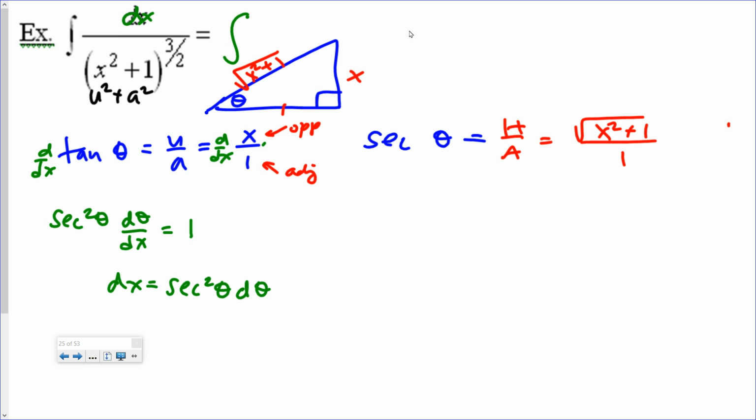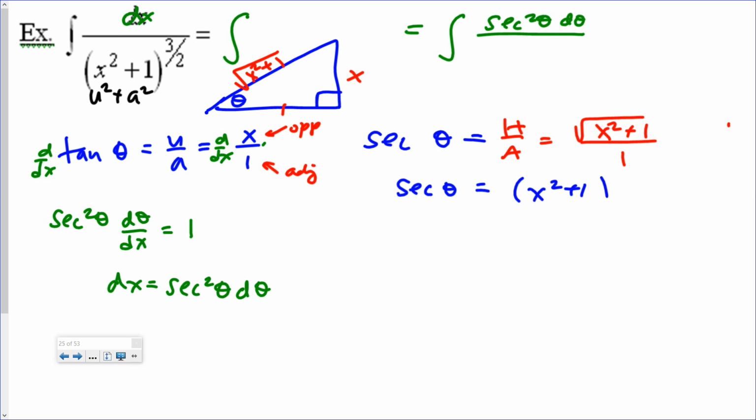So this is going to be equal to secant squared theta d theta on the top. That's just my dx. On my bottom, what is x squared plus 1 raised to the 3/2? I'm going to rewrite this for you. This secant theta, isn't that really x squared plus 1 raised to the 1/2?